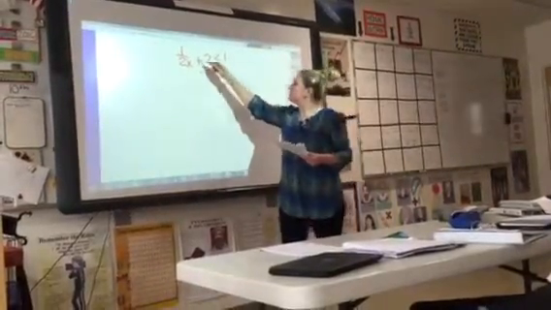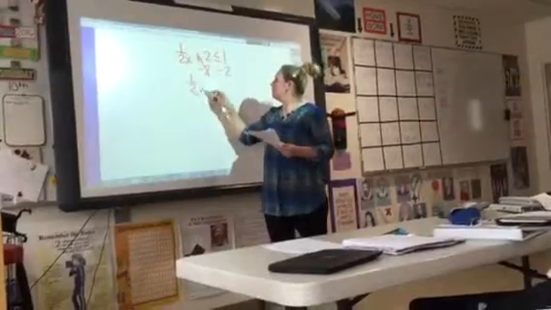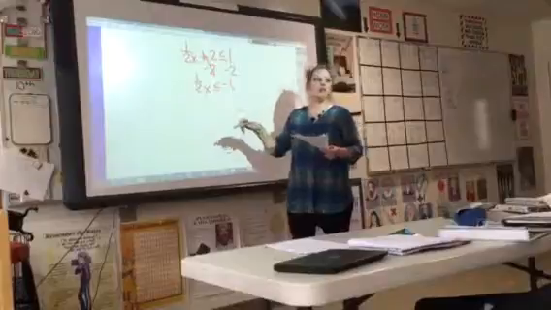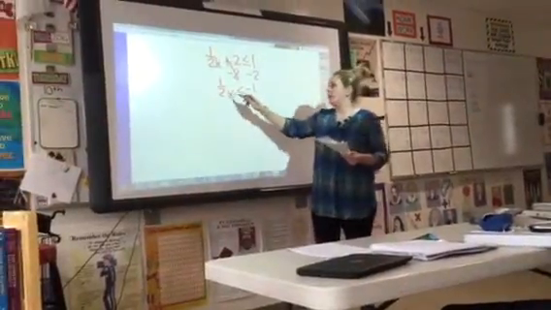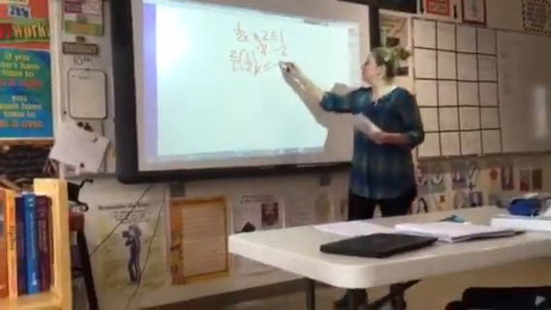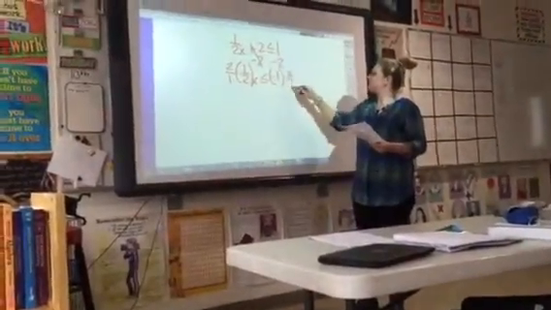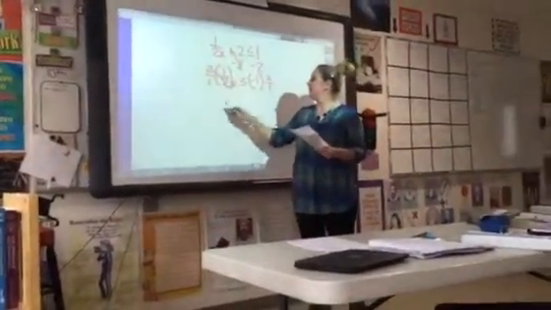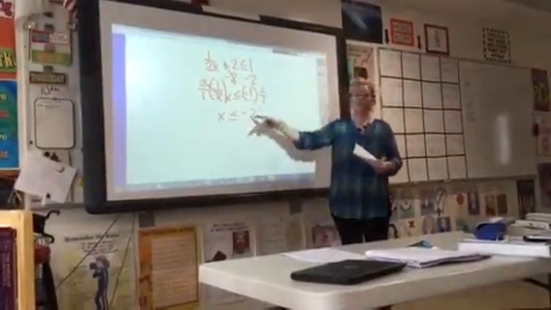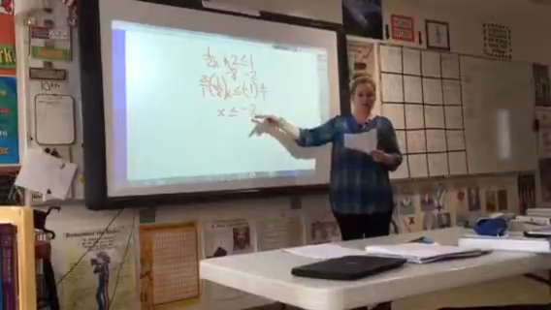Okay, so we subtract 2. That's less than or equal to -1. Then we multiply by 2 over 1. And we get x is less than or equal to -2. This is what they want you to graph for number 8.